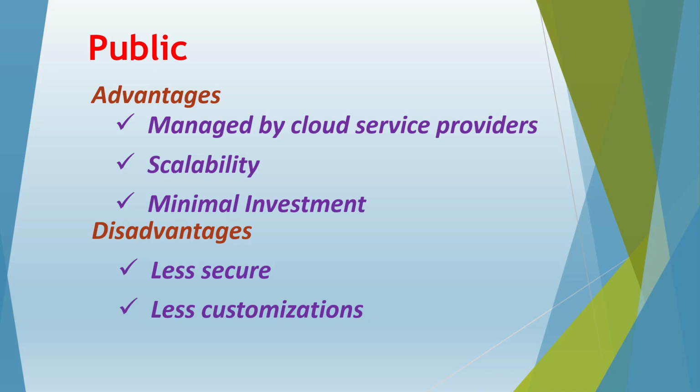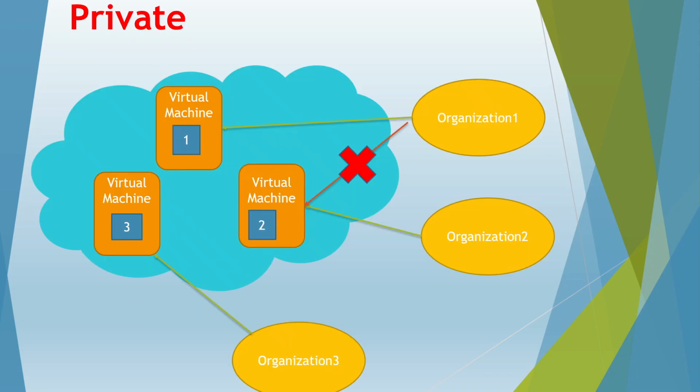Now let's move on to the private cloud. So here, if you see, the whole virtual machine or the whole resource itself is given to the organization. In the public cloud, we have seen that parts of the virtual machine are shared with multiple customers, right? But here, the whole virtual machine is given to the whole organization.